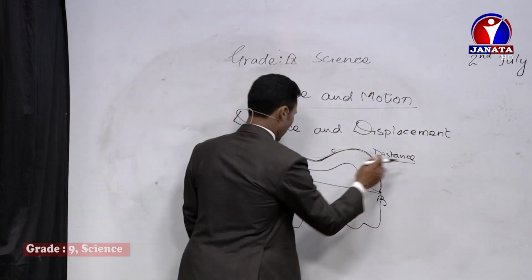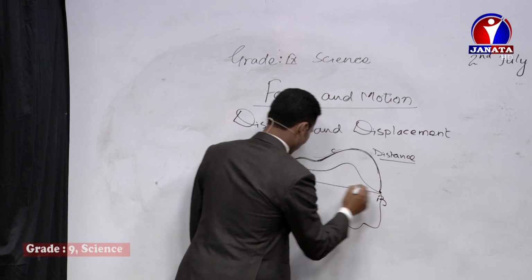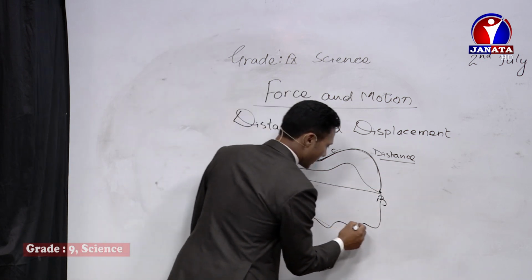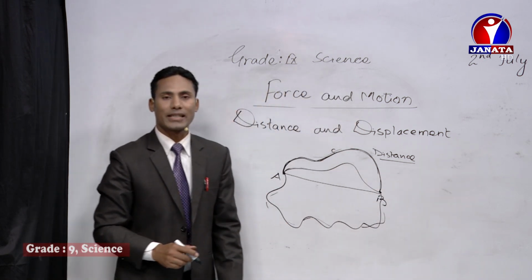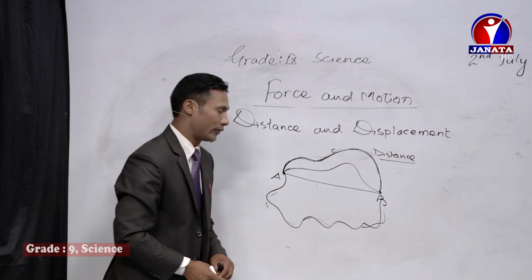So distance is the total length of the path covered. This is also distance, this one is also distance, and this is also distance, right? So distance is the total length covered.